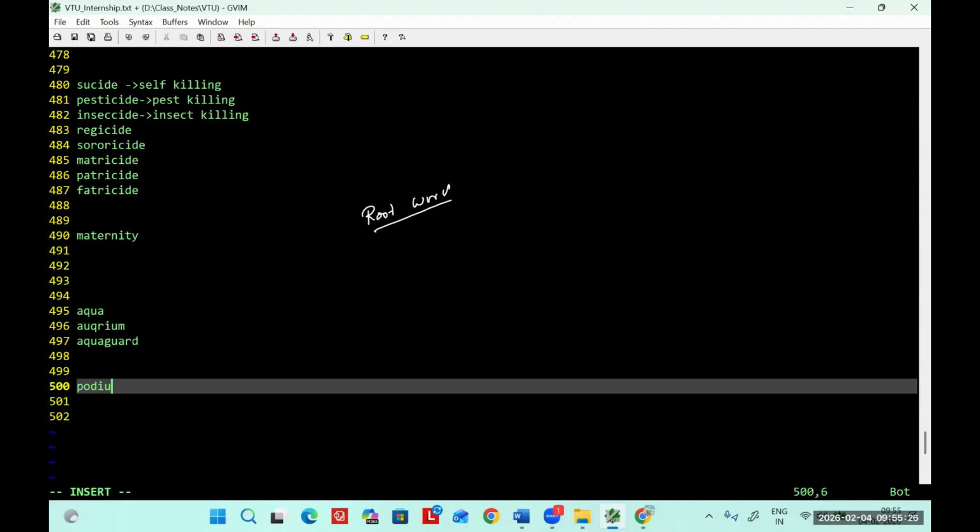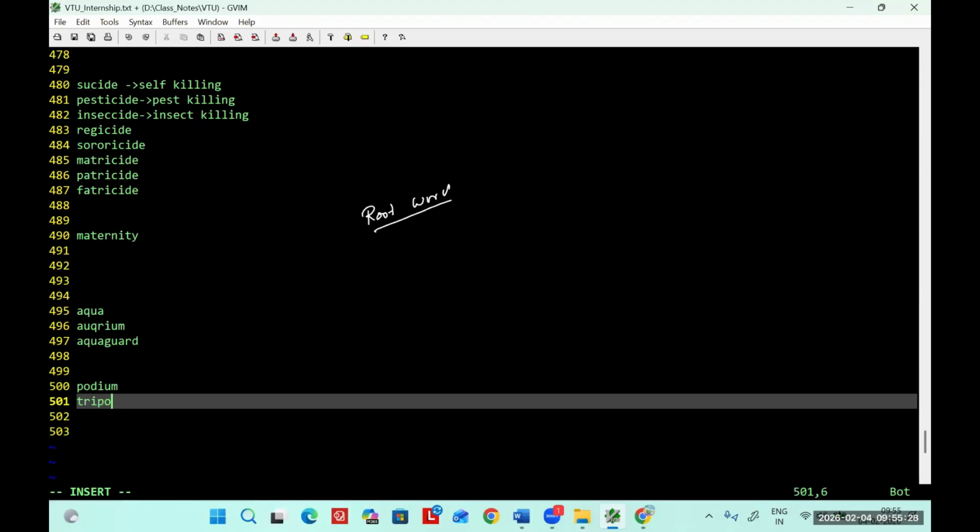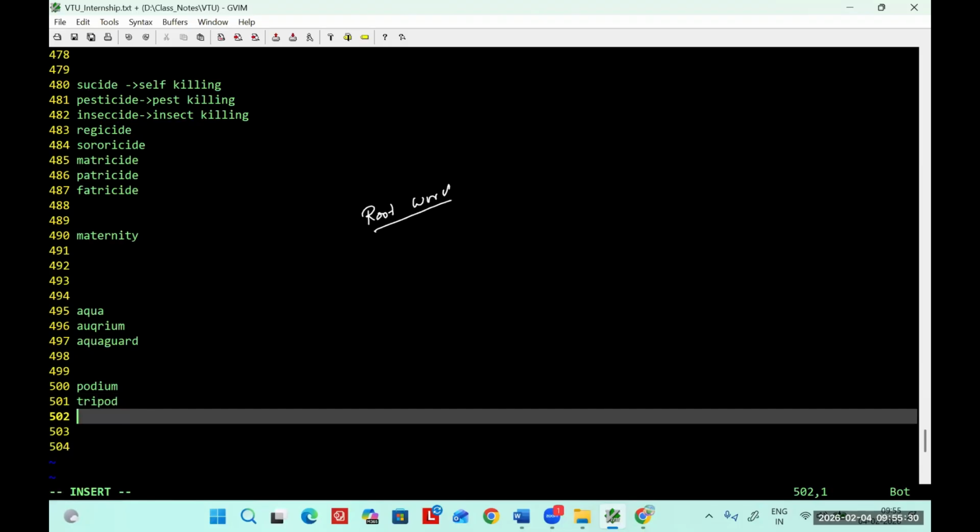Okay. Podium. Tripod. What is pod? Leg. Tri-leg. When you use a camera you use a tripod. How many legs? 3 legs.